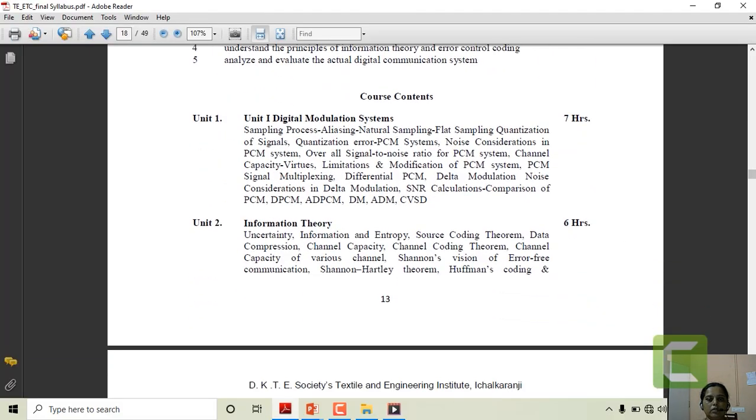In this particular course, we are going to see first of all the chapter which includes the different digital modulation schemes named pulse code modulation, adaptive pulse code modulation, adaptive differential pulse code modulation, delta modulation, adaptive delta modulation, and CVSD.